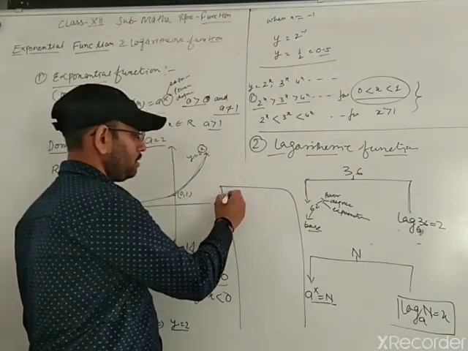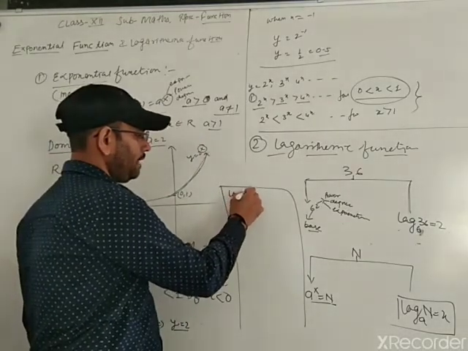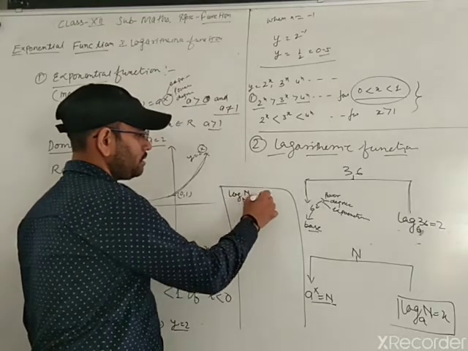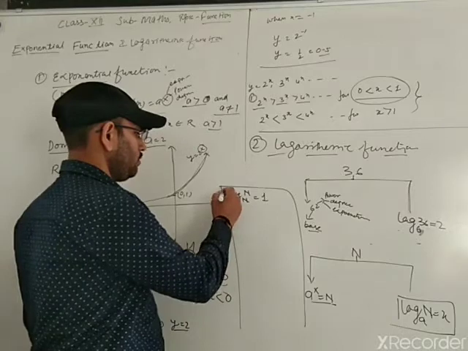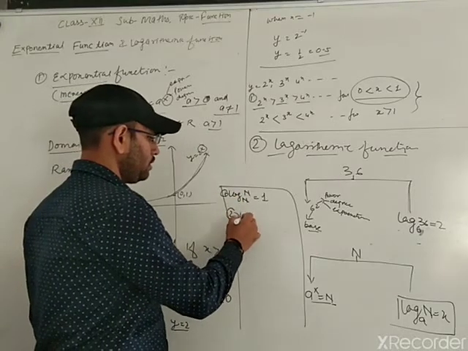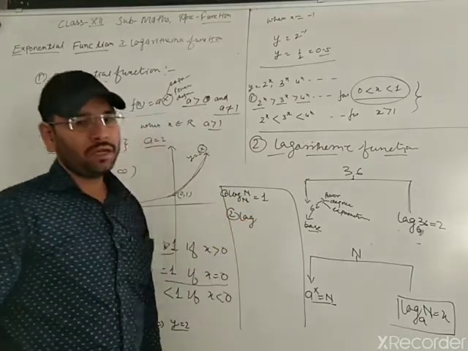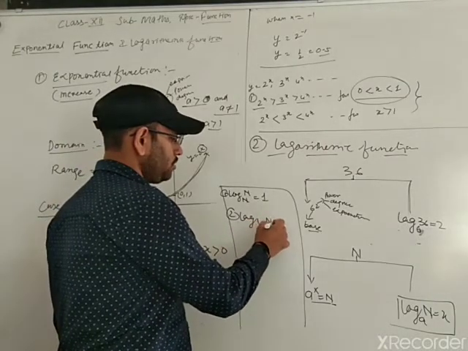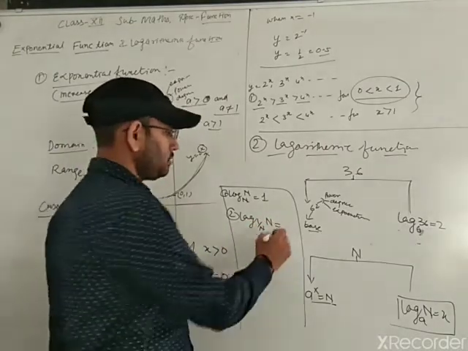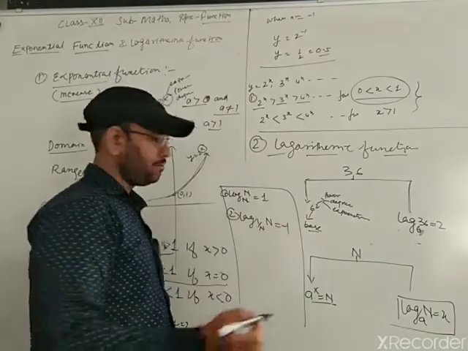Some important things about the log: first, log of n with base n is equal to what? We are getting 1. Second, log of n with base 1 upon n, we get minus 1. Clear?